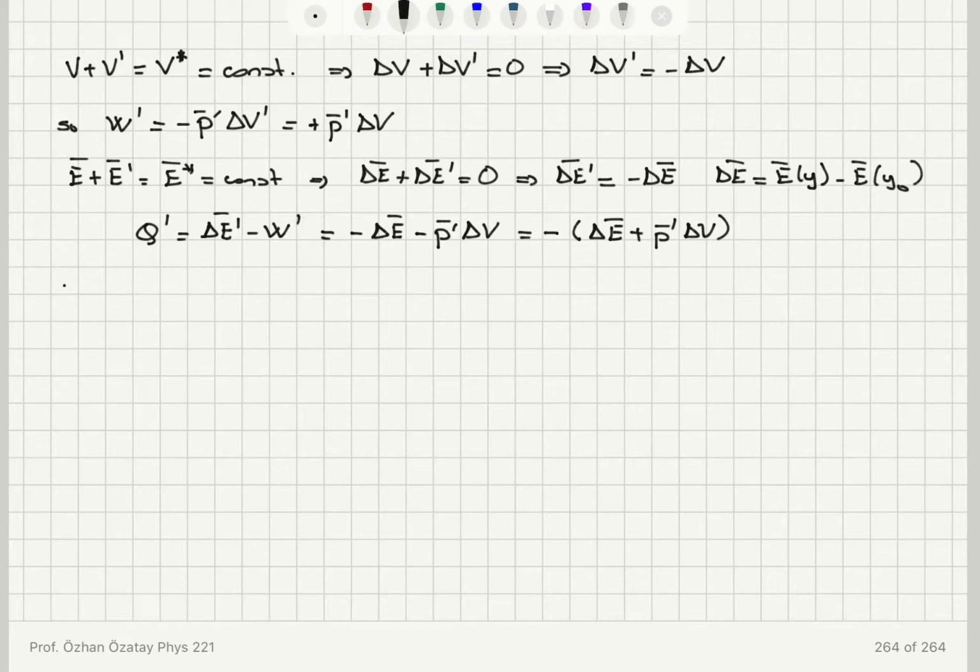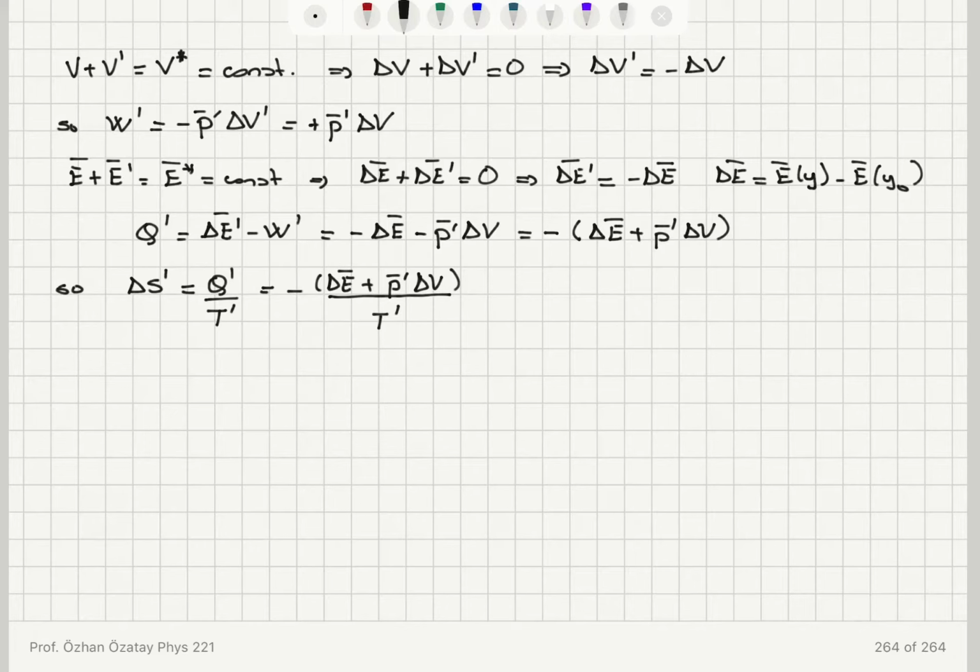So you can see that the change in the entropy of system A prime, delta S prime, which was equal to Q prime divided by T prime, is minus delta E plus P prime delta V divided by T prime.